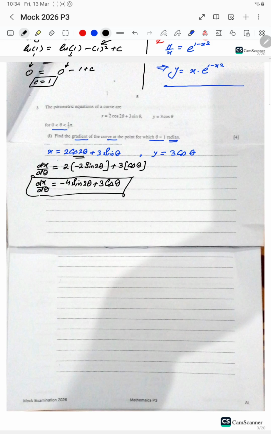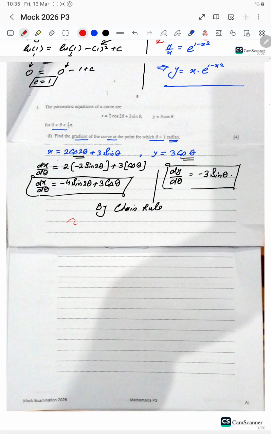Similarly, I can differentiate this y with respect to theta. Dy by d theta will be minus 3, and because the derivative of cos theta is minus sine theta, minus 3 sine theta. So I got the derivatives of the parametric equations. Now by chain rule, because my gradient will be dy by dx at a certain point, I can write dy by dx will be dy by d theta times 1 over dx by d theta.